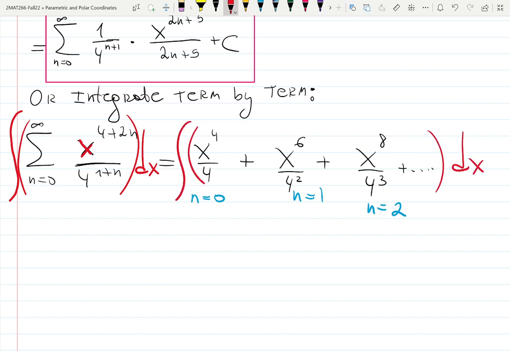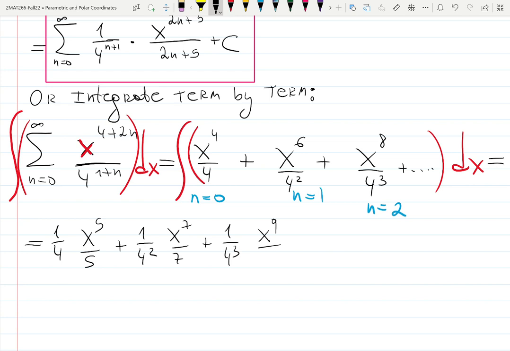So we're integrating this now, term by term. Check it out. Infinite polynomials. Pretty cool that we're integrating something infinite. And the rule will be the same. 1/4 x to the 5 over 5 plus 1 over 4 squared x to the 7 over 7 plus 1 over 4 cubed x to the 9 over 9 plus, and keep going, plus fat C at the end. It should be the same answer.